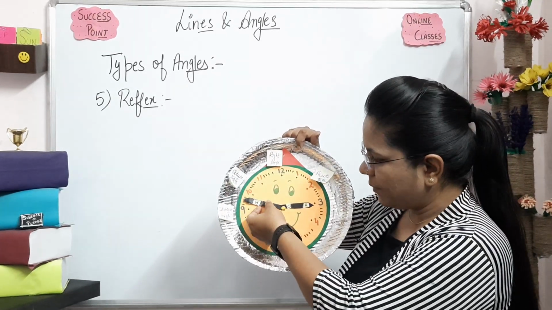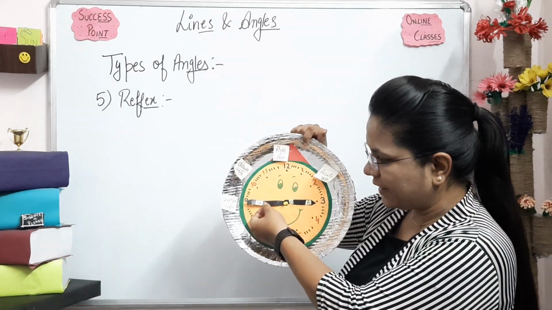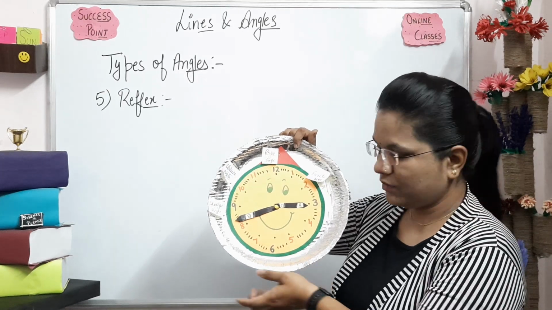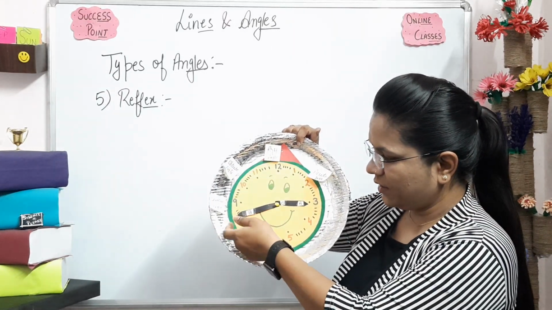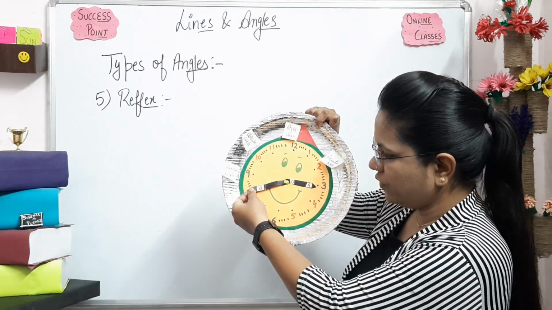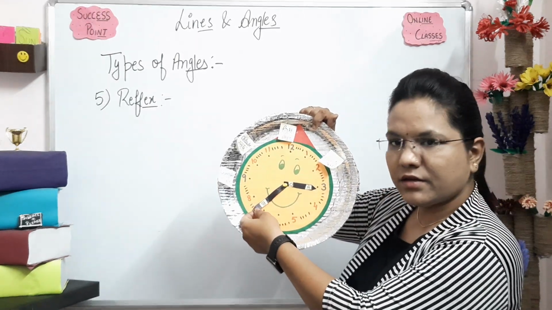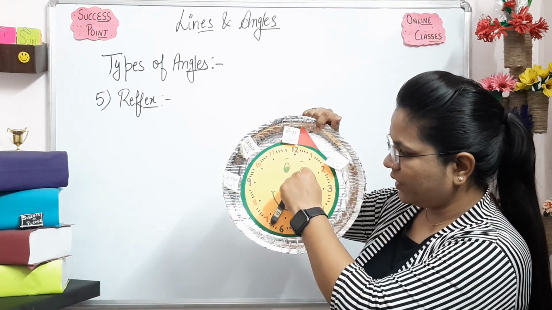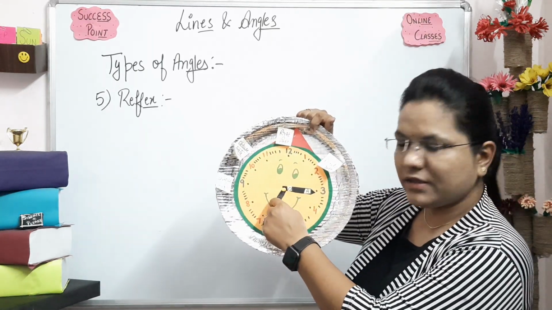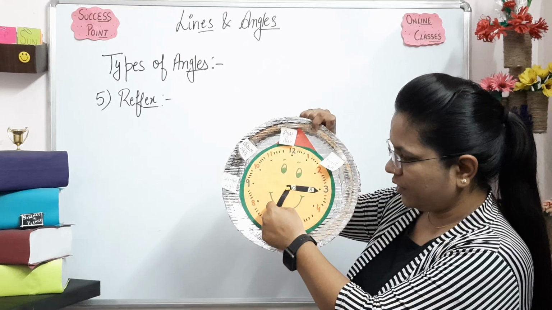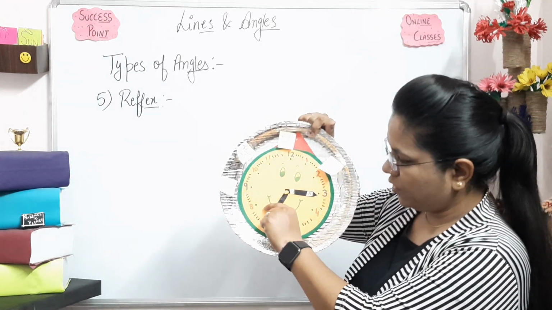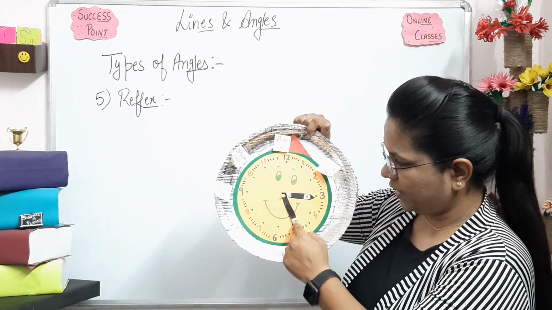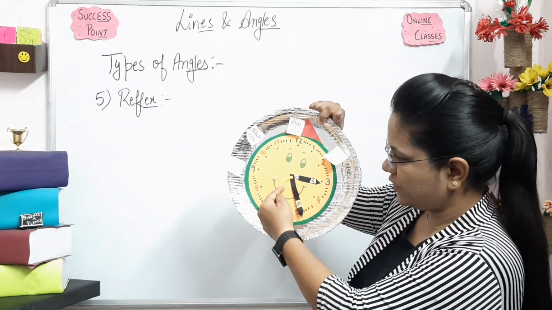Okay, now what happens if we take an angle more than straight angle? What will be the value and what is the name of this angle? Now we will move to this side. So AOB, what is the value of this complete angle, from this point to that point? Or from AOB, the angle will be in this position.